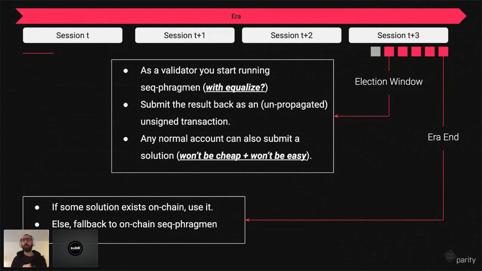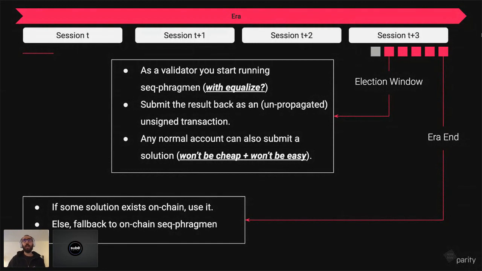It's not really a Substrate event, but let's assume a flag is raised. We call that the opening of the election window. During the election window, we have two dispatchable calls that can be used to submit a solution to this Phragmen, to this NPoS problem that I just explained. So the chain basically delegates the submission of the solution to the outside world. Everyone can submit a solution back to the chain during this election window.